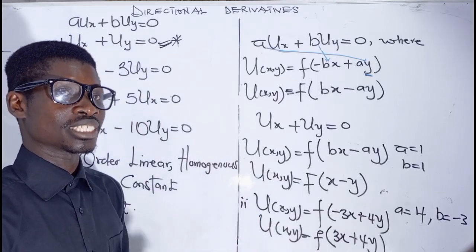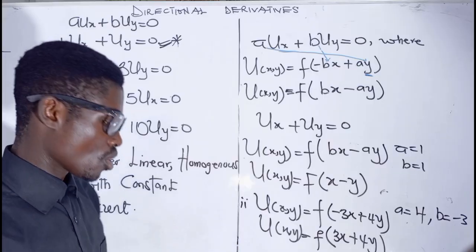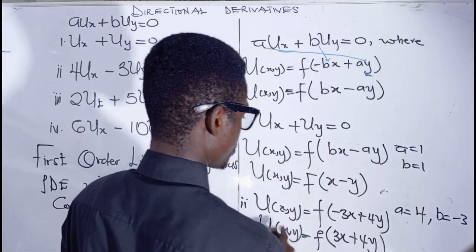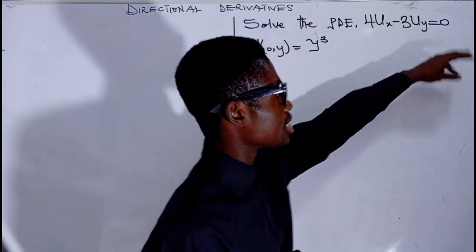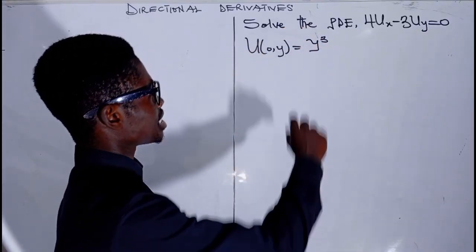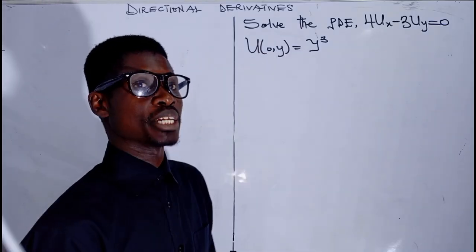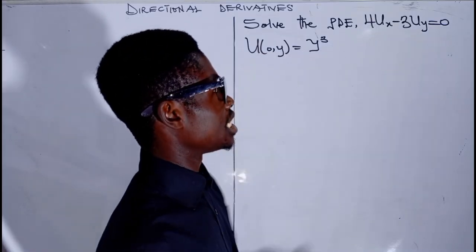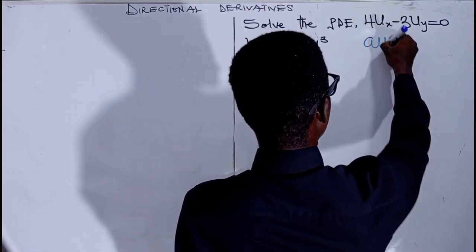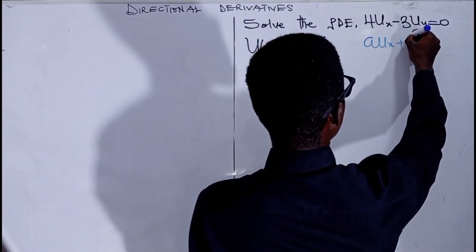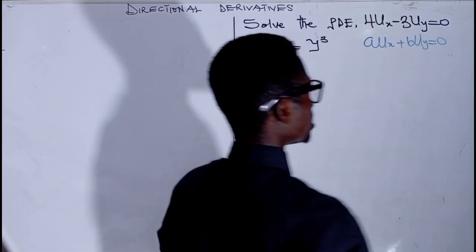Now let's look at the ones that involve an initial condition or auxiliary condition. We want to solve this PDE 4ux minus 3uy is equal to 0 with the auxiliary condition u of 0,y is equal to what? y cube. So you can see that this PDE is of the form aux plus buy is equal to 0.